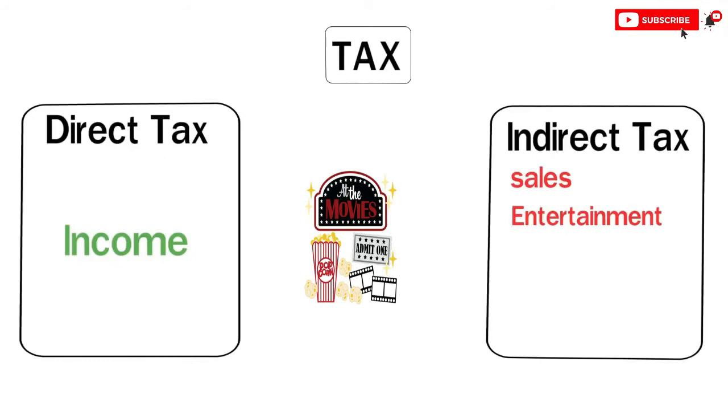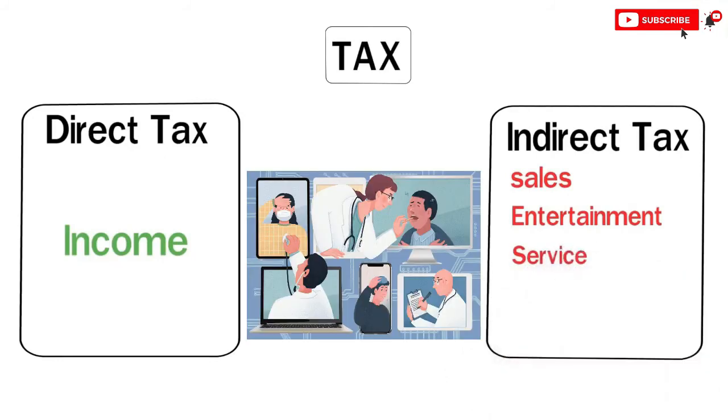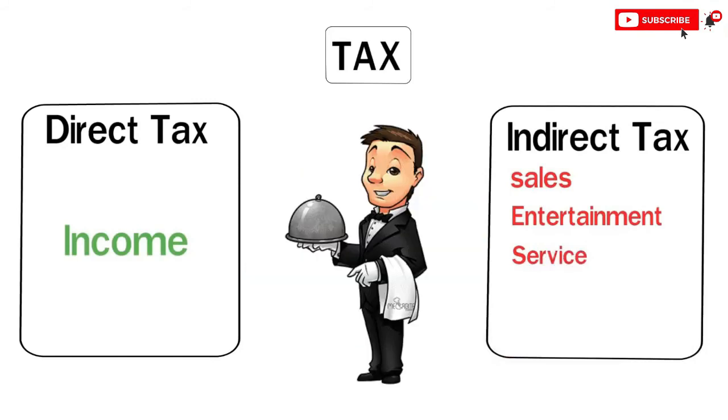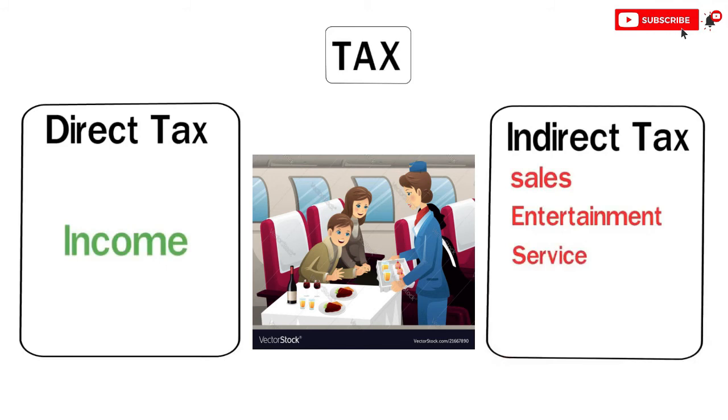Next one is service tax, as we have seen in the services definition, that is the service we borrow, say for example doctor's consultation, restaurant service or airline booking service. We pay the tax and that comes under service tax. Next one is customs duty.